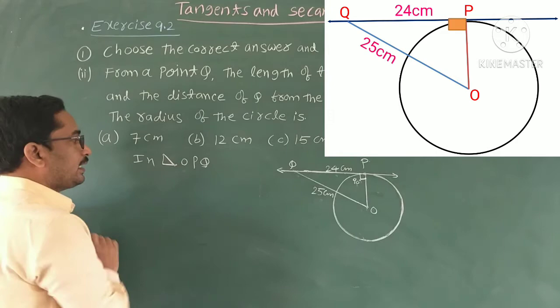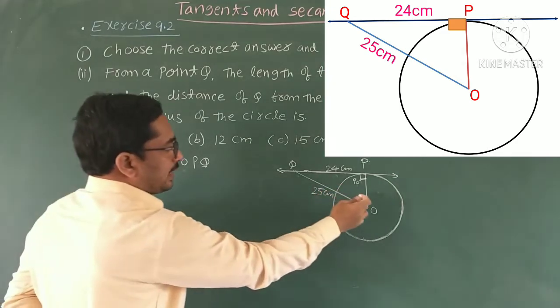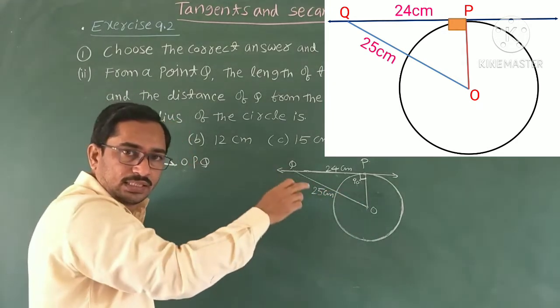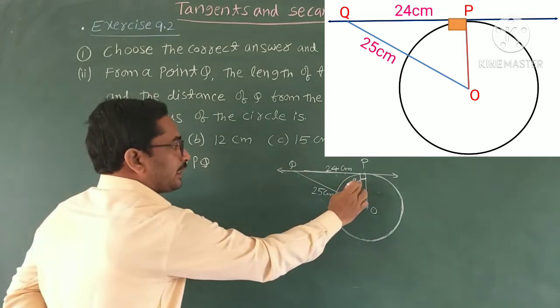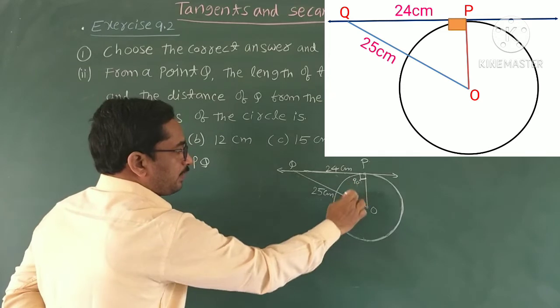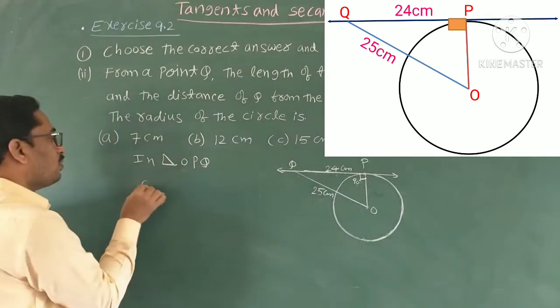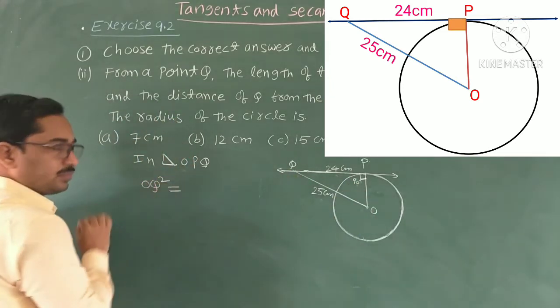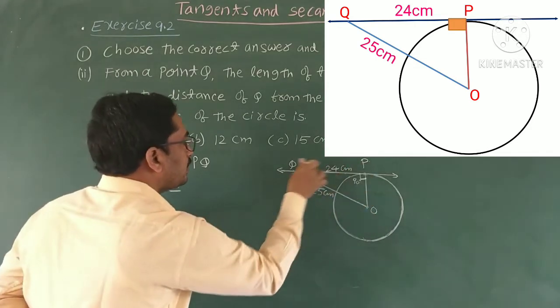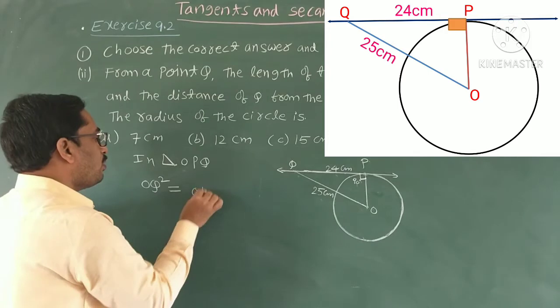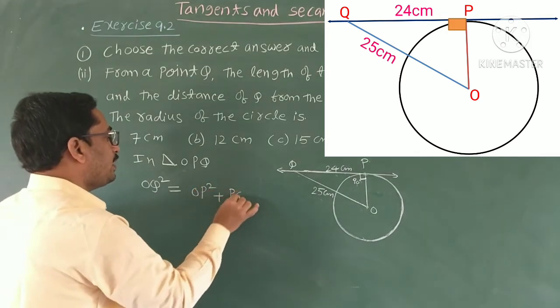The longest side square equals the sum of the squares of the remaining two sides. The longest side means the hypotenuse, which is always opposite to the right angle. Here the right angle is at P, so the opposite side is OQ. So, OQ square equals OP square plus PQ square.